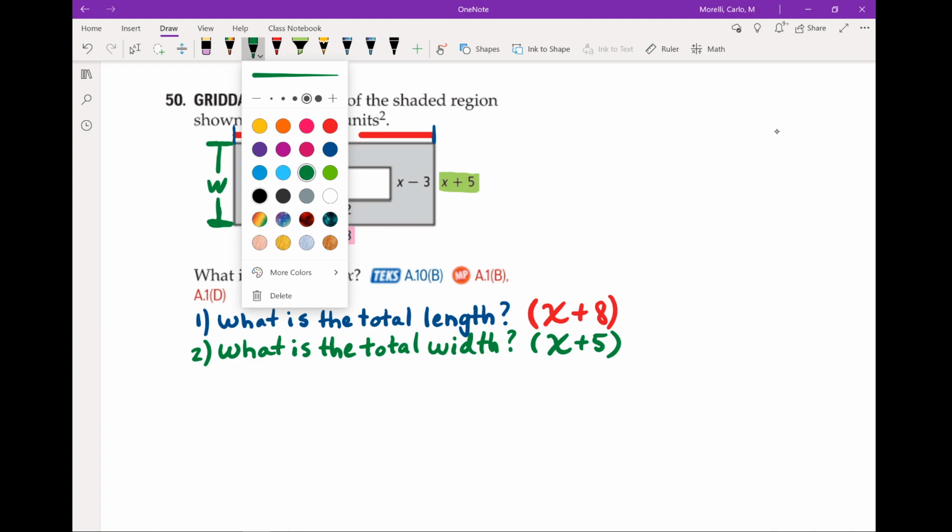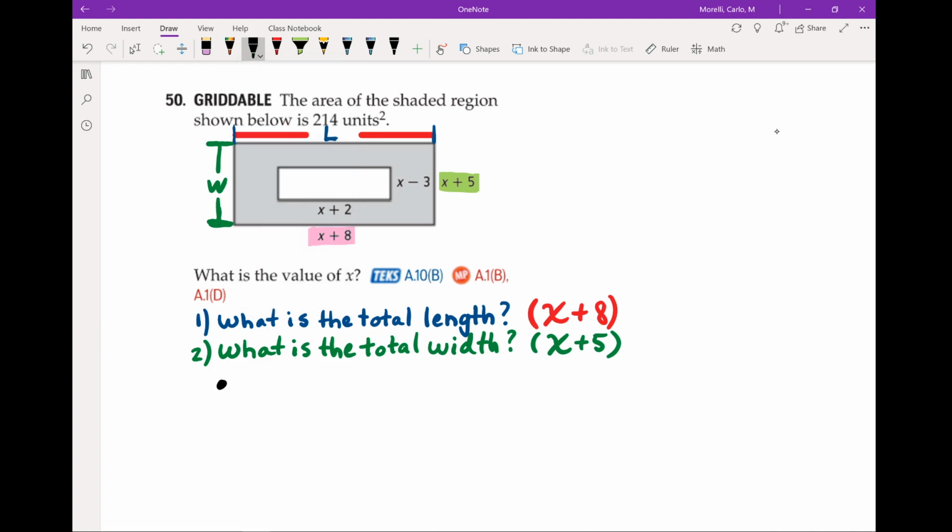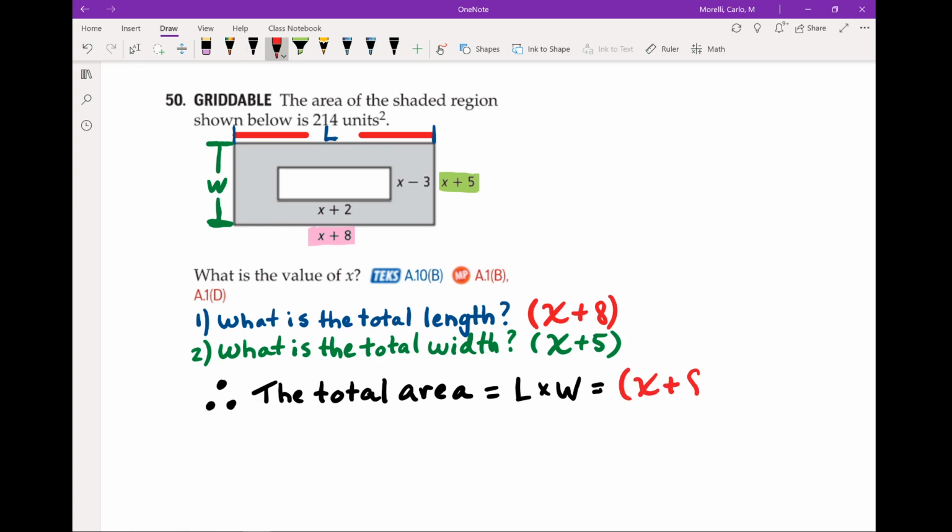Therefore, this symbol, these 3 dots, means therefore. The total area equals length times width, which equals X plus 8 times X plus 5. So we're going to figure it out. We have to use FOIL or box. Which one do you want to use, Jonathan? Box. All right.